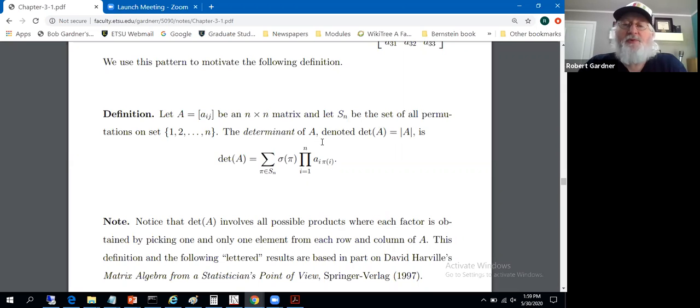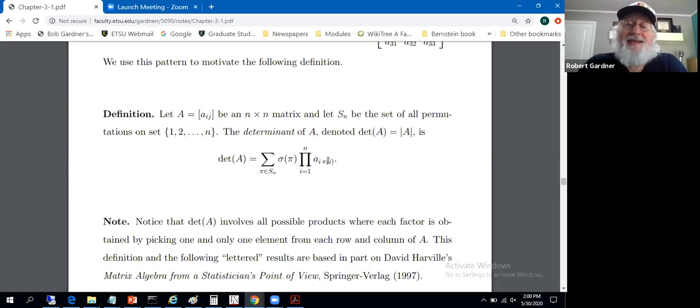The determinant of matrix A, denoted det of A, sometimes you use absolute value looking symbols. I prefer DET, but the absolute value looking symbols are common notation for determinants as well. It is defined to be a sum over all permutations pi in that permutation group, sigma of pi, times the product from i equals 1 to n, A sub 1, pi of 1, A sub 2, pi of 2, A sub 3, pi of 3, up through A sub n, pi of n.